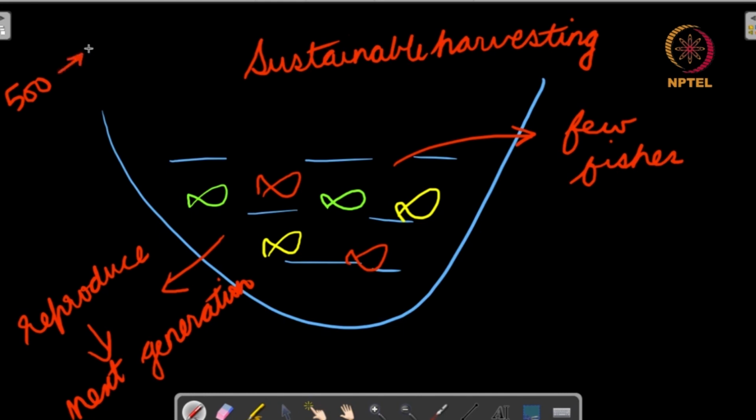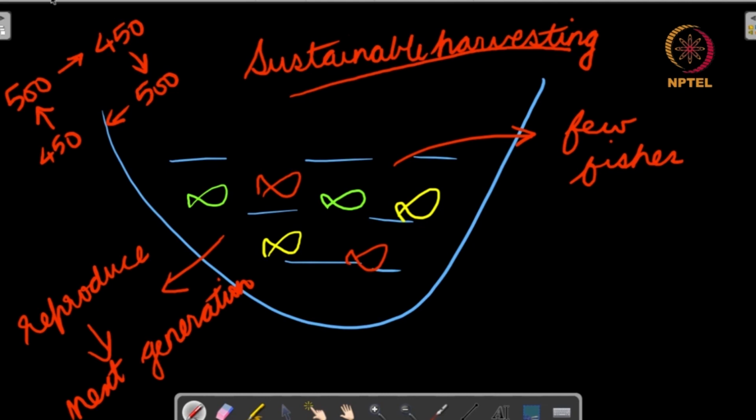Out of 500 fishes we take out 50, and so the pond is left with 450. We give it time, and then this population of 450 will again bounce back to 500. Once it has bounced back to 500, we can again take out 50. And this process can go on and on and on for a very long period of time. Now this is sustainable harvesting.